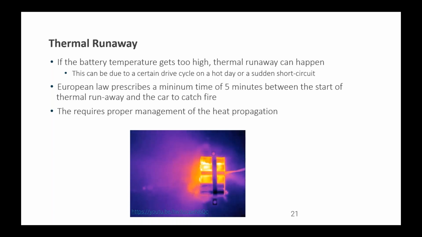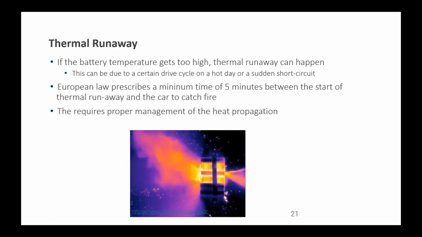This can ruin an entire pack, and you also get these flames that are escaping from the cells, which impinge upon neighboring cells and cause them to heat up and go into thermal runaway themselves. So there's a regulation in Europe and Asia called GTR20, which creates the limitation for thermal runaway in a vehicle to be 5 minutes after the user is warned about it.